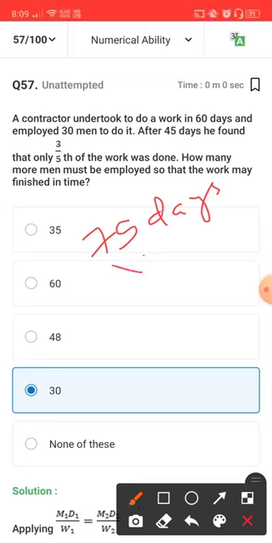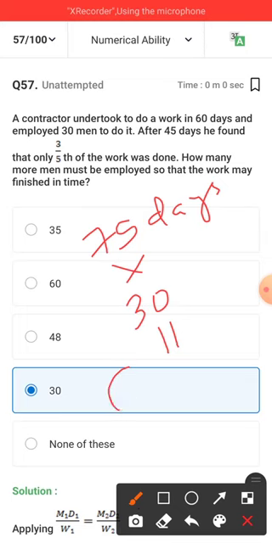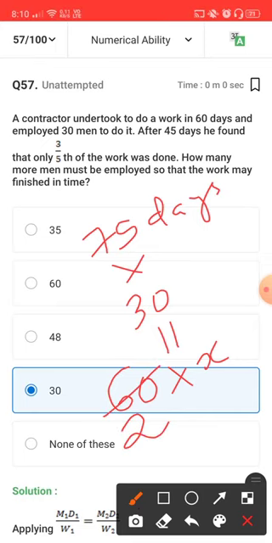So in 75 days, 30 men can complete this work, which is equal to 60 into x men. We don't know x, so this 60 comes to the other side, and we get 37.5.